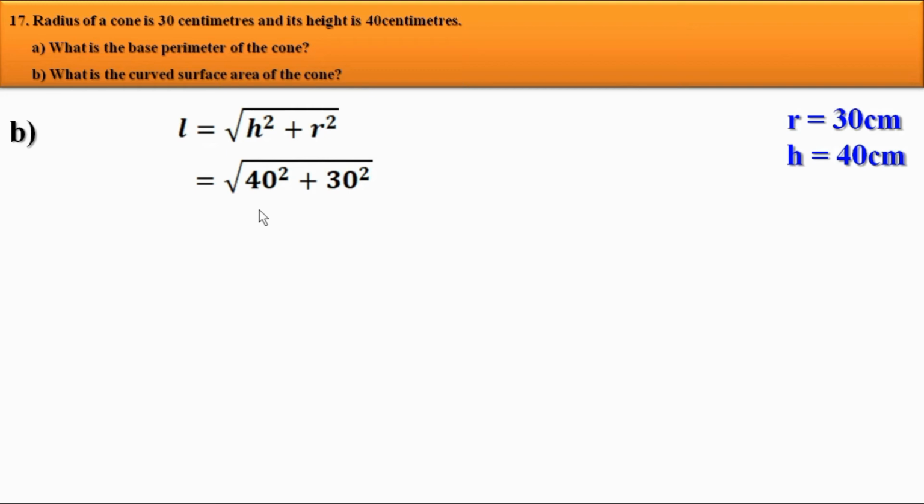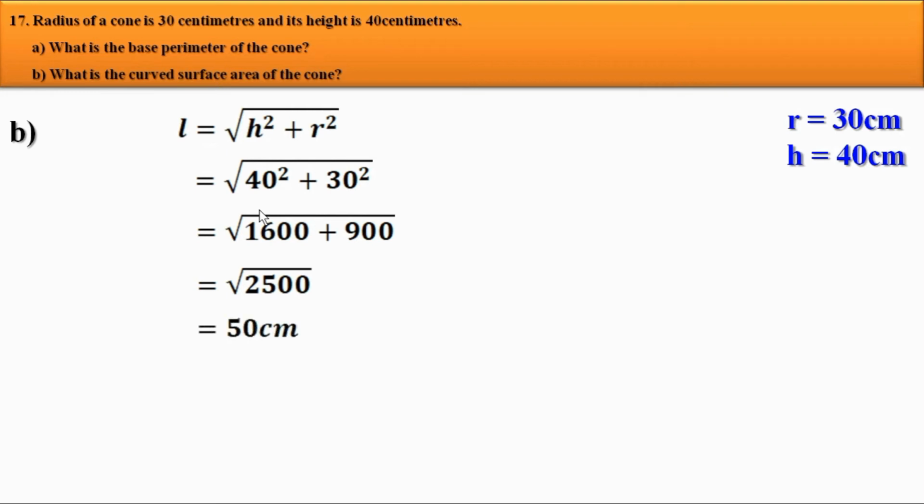Now 40 square is 1600 and 30 square is 900. So we can write it as root of 1600 plus 900. And that is equal to root of 2500 and that is equal to 50. That is slant height or L equal to 50 centimeters.